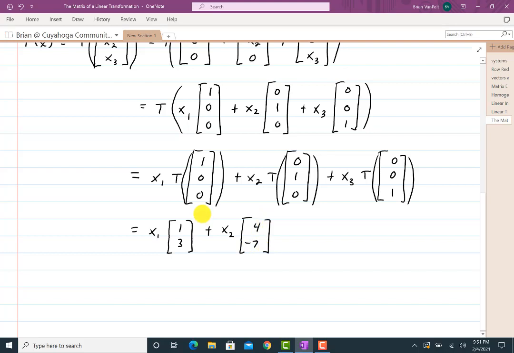I should probably remind you, that is E1 right there, that is E2 right there, and that is E3, just in case you couldn't remember. Then x3 times, and T of 0, 0, 1 was equal to negative 5, 4.